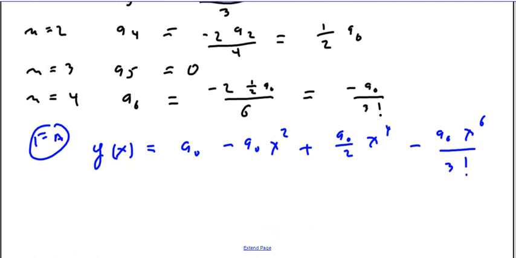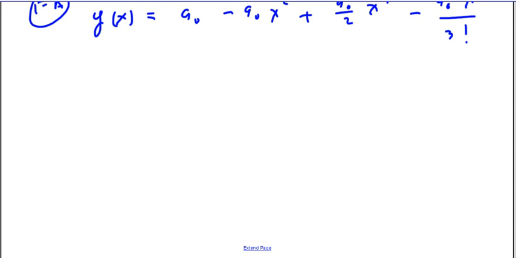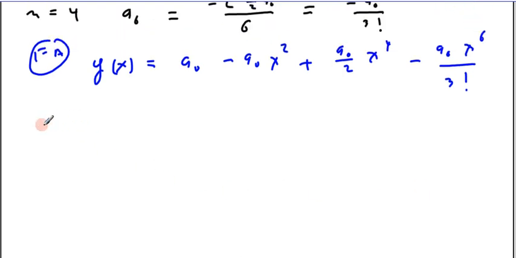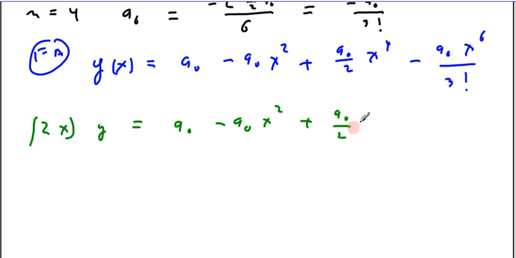Okay, so that's my final answer. And I'm going to check my work, because in these particular problems, how do you possibly know that that's right unless you check your work? So I got 2x times y, which is going to be a0 minus a0x squared plus a0 over 2 x to the 4th minus a0x to the 6th over 3 factorial.